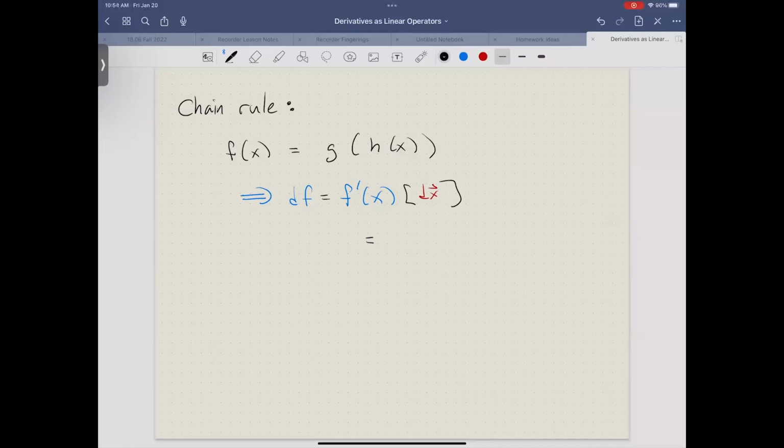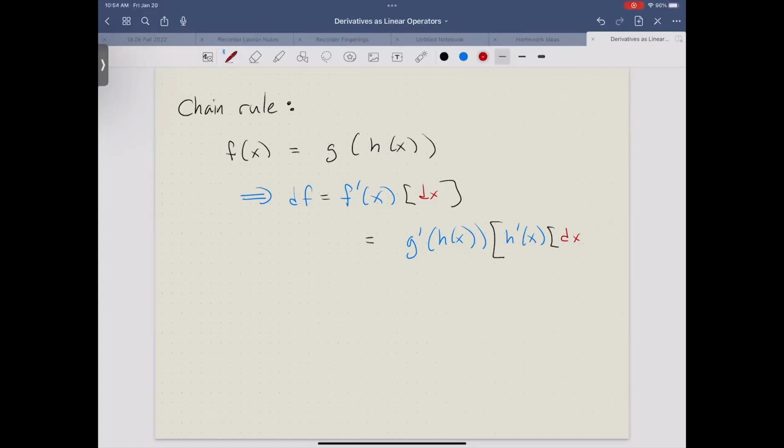And what do you do? It's going to work just like the chain rule for numbers. It's going to be g prime of h of x, that's a linear operator, and that's going to act on h prime of x, and that's a linear operator. It's going to act on dx.